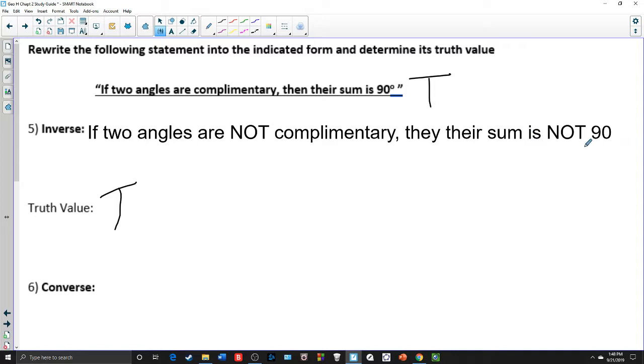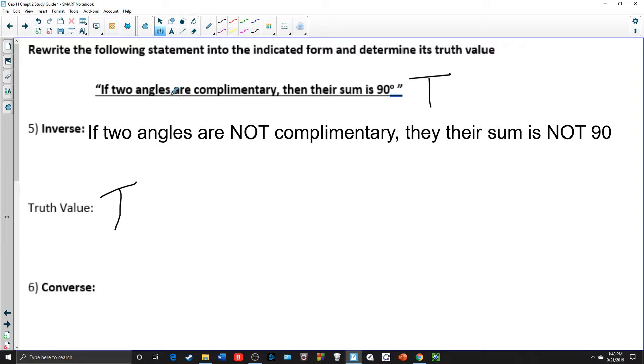Otherwise, they would add to 90. So definitions are usually true no matter how you flip them around. So if you know that the statement I'm going to give you, or that your teacher's going to give you, is a definition, like it's just restating the definition in a conditional way, they're probably all going to be true for the most part. Not every time, but most of the time. And in this case, it is true.